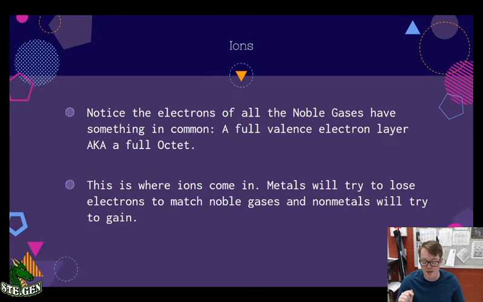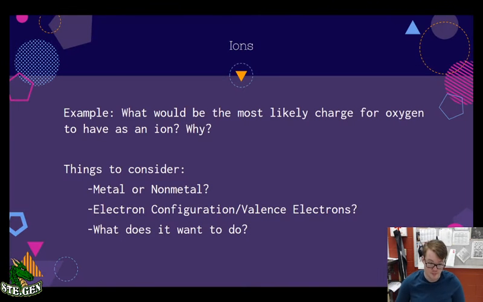Ions are going to try to make it so that they have a full outer valence electron layer. So metals are going to try to lose electrons, because if they lose electrons over here, they're going to be moving backwards towards the noble gases. And then nonmetals are going to try to gain, because they're going to try to move this direction, to get closer to the noble gases.